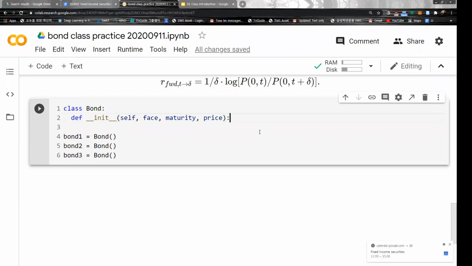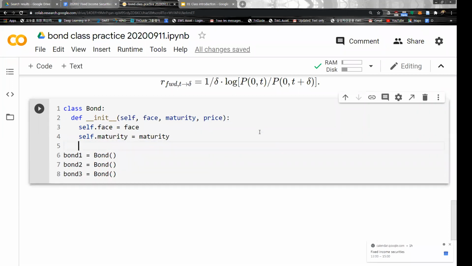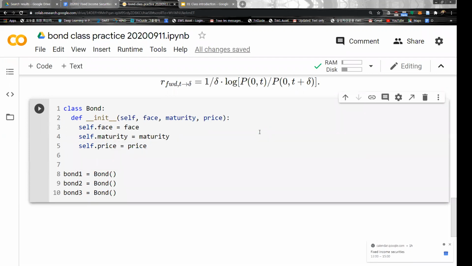Then self to save the name: self.face equals face, self.maturity is maturity, and self.price equals price, right?